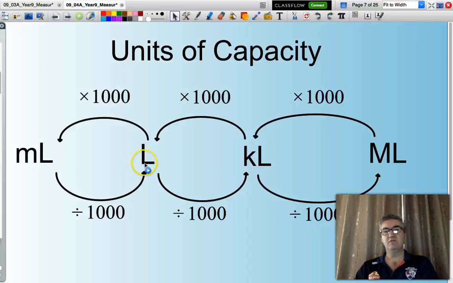And a litre can be converted to kilolitres, which is 1,000 litres, or megalitres, which is 1,000,000 litres. Or, if you need to go the other way, millilitres, which is a 1,000th of a litre. And these are the scaling factors that you need to multiply by.